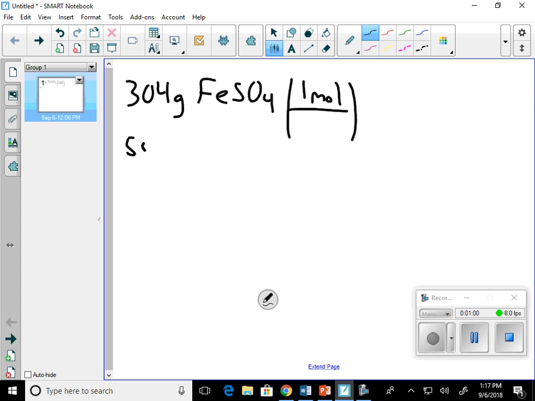Iron has a mass of 55.85. Sulfur is 32.07. Oxygen is 16, but there's 4 of them, so that's 64. I got 151.92.